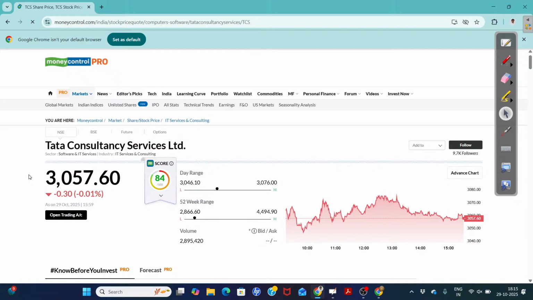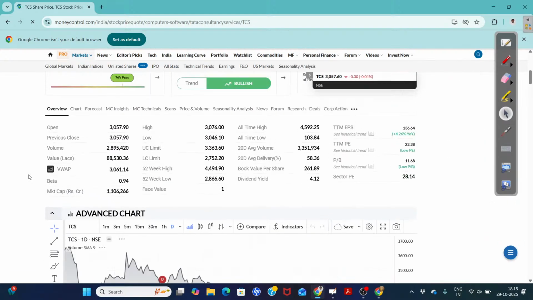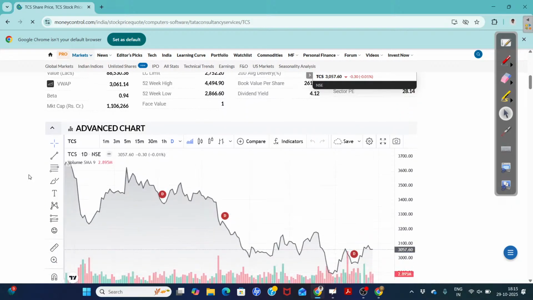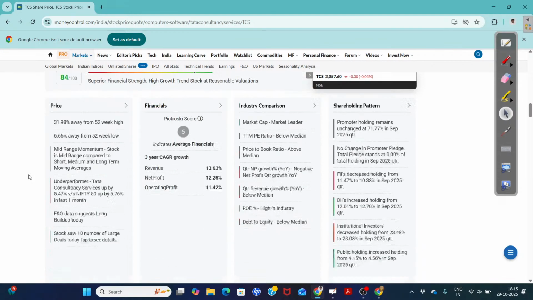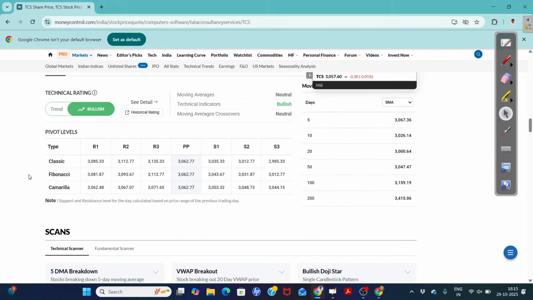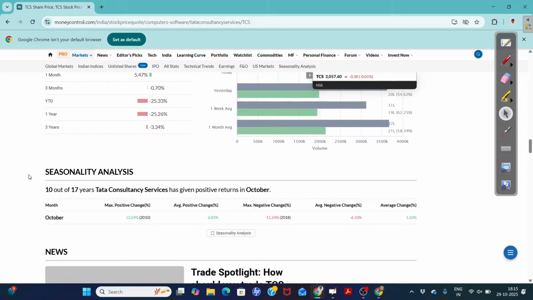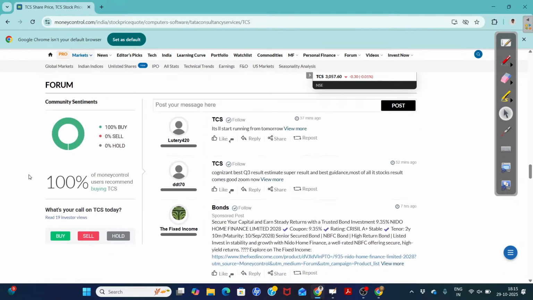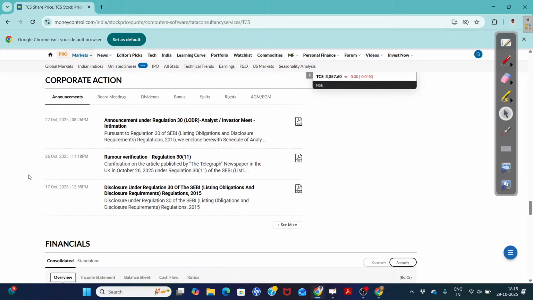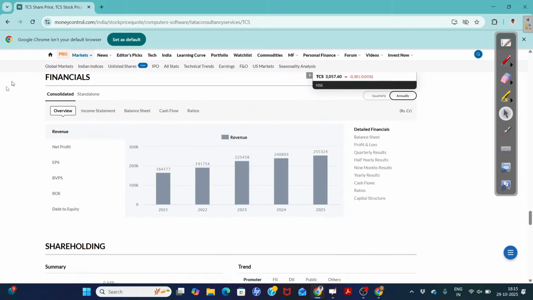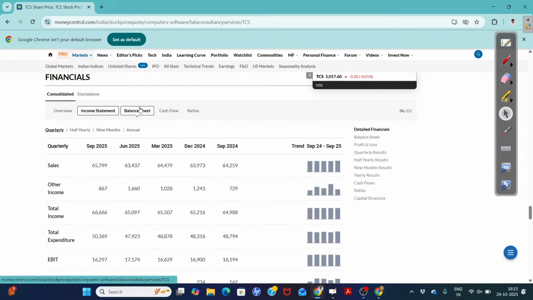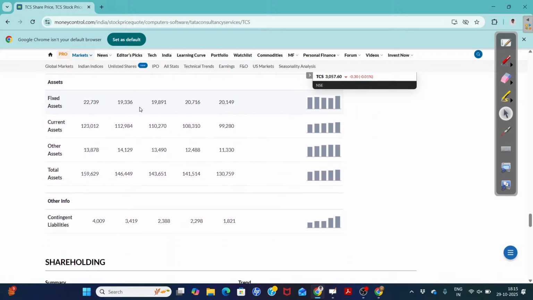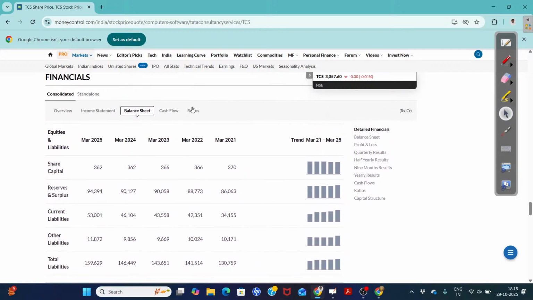In their case, we'll start with the income statement and then balance sheet or ratios.